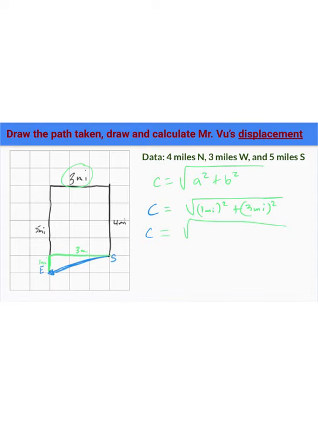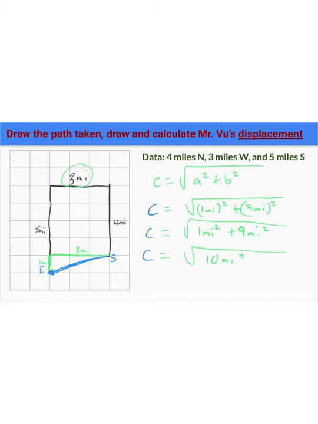Now we punch that out on a calculator if we need to, but 1 times 1, which is what the word square means, is still 1 mile squared. And then 3 times 3 is 9 miles squared. So C is equal to the square root of 1 plus 9, which is the square root of 10 miles squared.